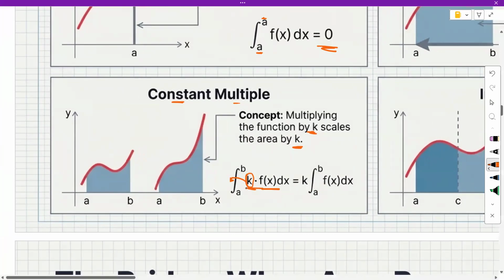So now this form has become this form. Earlier, without the constant, the area is like this, area A to B. If we introduce k scale, it goes up by k. Multiplying the function by k scales it. K is a constant.